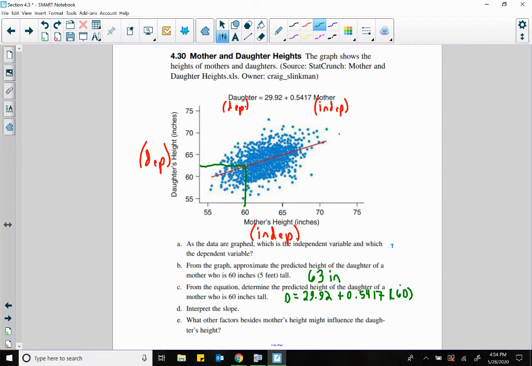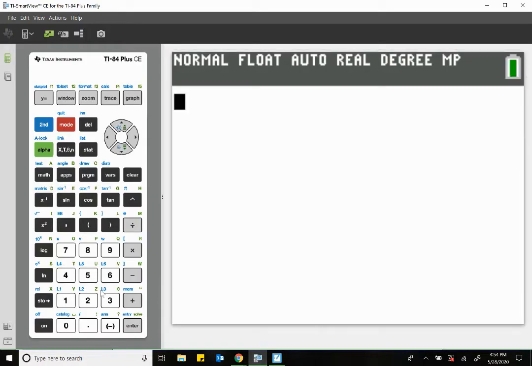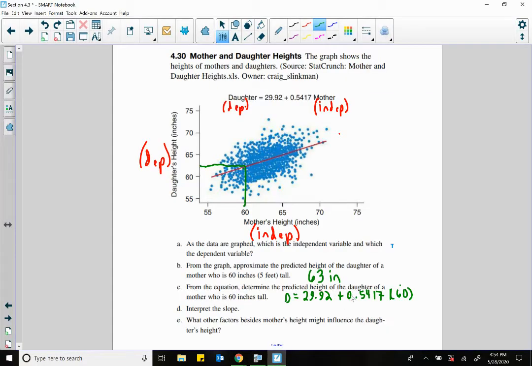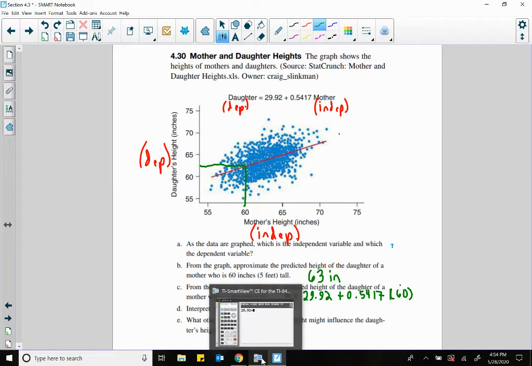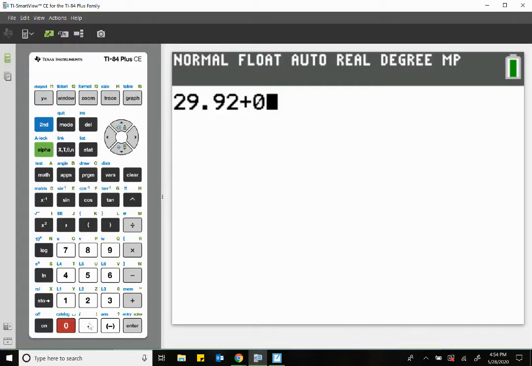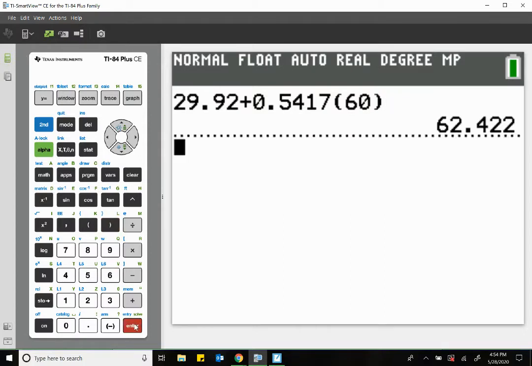So we just go to our calculator and we put that in. 29.92 plus 0.5417 times 60. Hit enter. And it says it's 62.422.